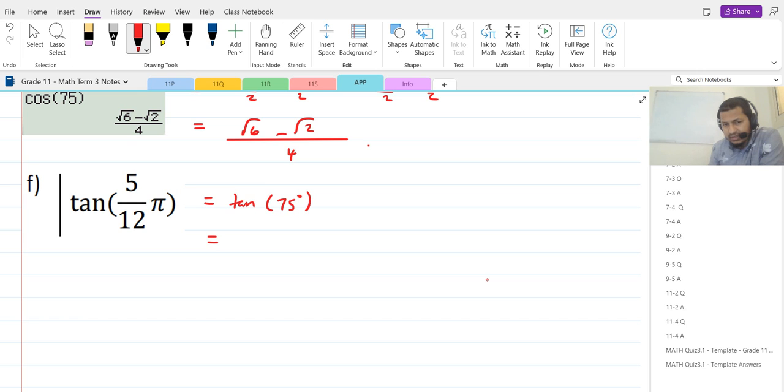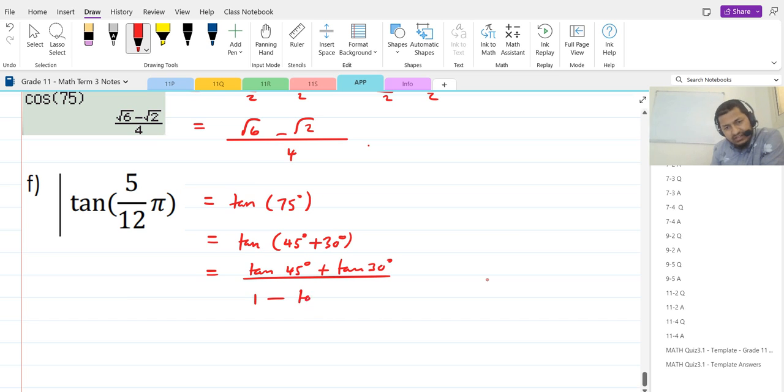Now how do we write 75? Tan of 45 plus 30. So what's the tan sum formula? Tan 45 plus tan 30, divided by 1 minus tan 45 tan 30. It looks like you have to do a rationalization here as well.